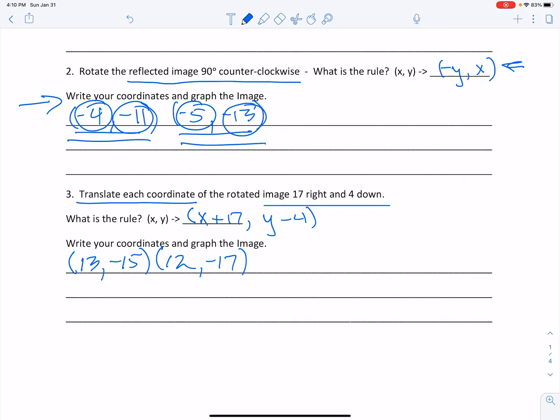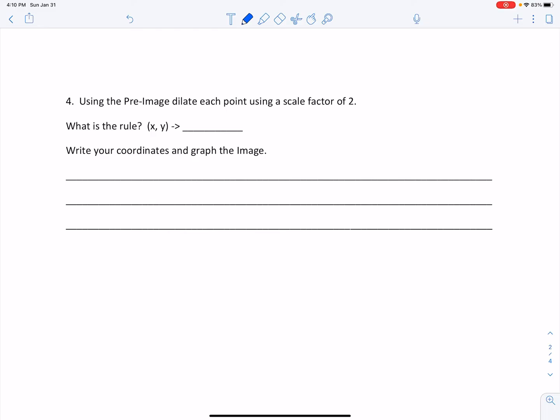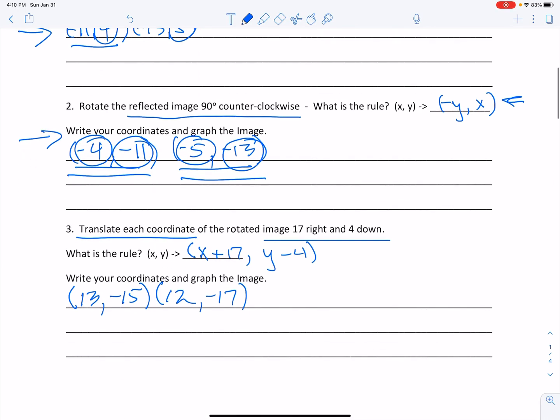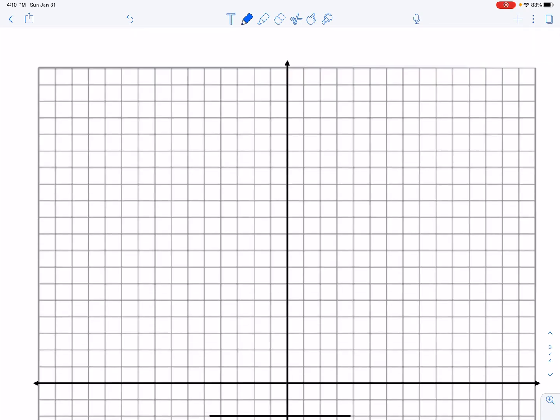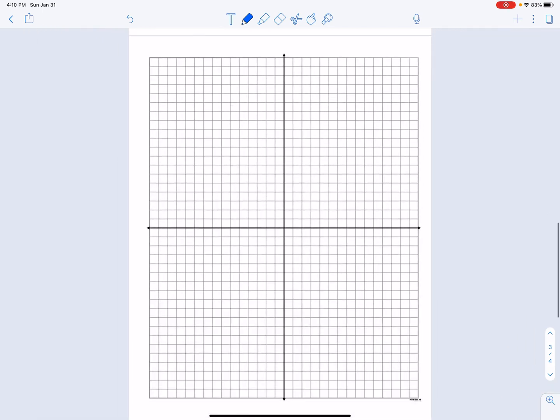Then we've got one more to go. Those first 3 are what we use that first sheet of graph paper for. Your original image is going to appear in quadrant 1. Whenever we reflect this over the y-axis, this original picture is going to move into quadrant 2.